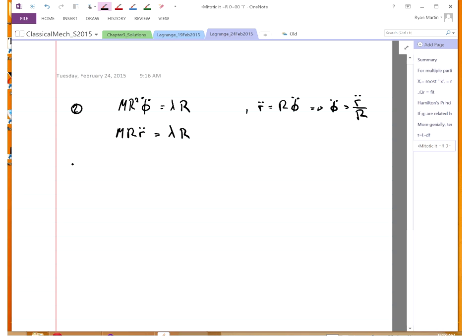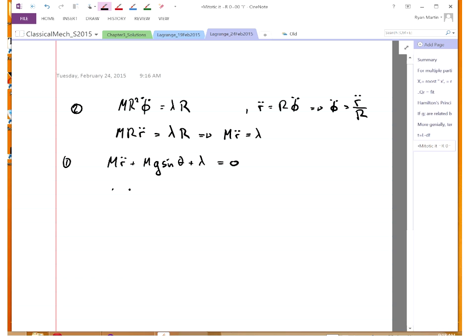Now the other equation that we had, equation 1, told us that M lowercase r double dot plus capital M G sine theta plus lambda equals 0. So if I look at equation 2, the r's cancel here, right? So M lowercase r double dot is equal to lambda, right?